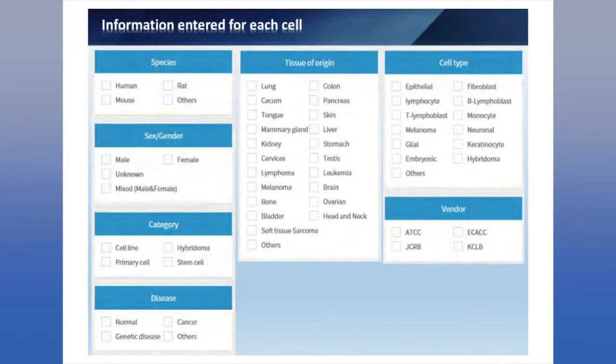Each cell they sell is described on their website. We developed software to enter all this information about each species, and then sex and gender, what categories they belong to, disease model, tissue of origin, cell type, and the vendor.